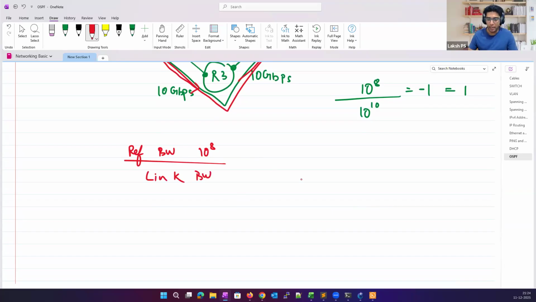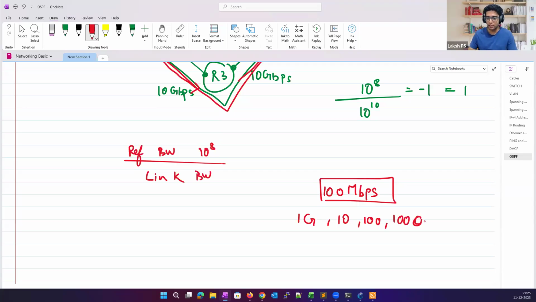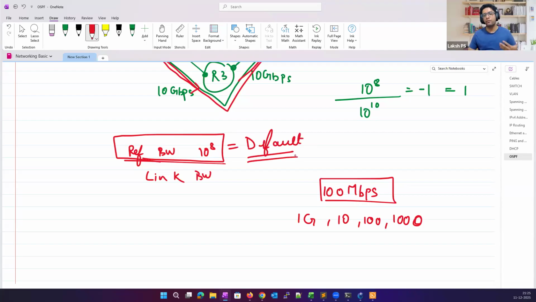If your link goes beyond 100 Mbps, for say 1 Gbps, 10 Gbps, 100 Gbps, or even 1000 Gbps, you can change this default reference bandwidth value to a higher value.